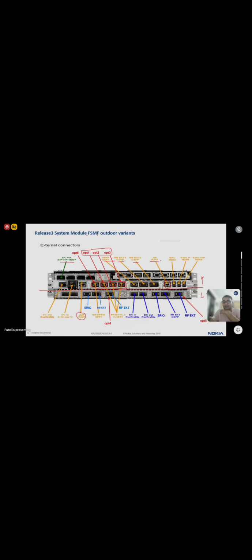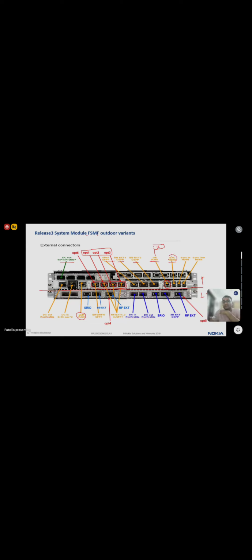Connectivity with our MUX or router is done by this port. This port is basically utilized for connectivity towards our external network, may it be MME, SGW, anything else. That is the outgoing port from the BTS FSMF module.